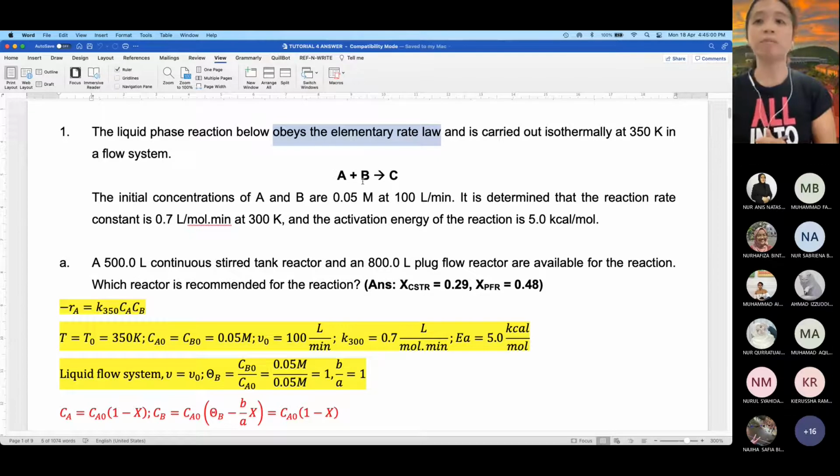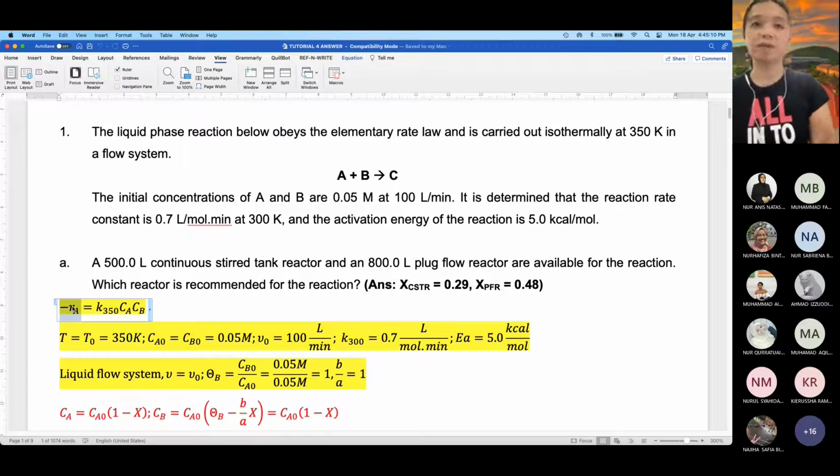So in this example, the reaction is 1A reacting with 1B. We have 2 reactants. So the rate law becomes minus rA equals k. We don't know the temperature of k yet, we can just put it as k, it's fine. Then CA to the power of 1, CB to the power of 1.